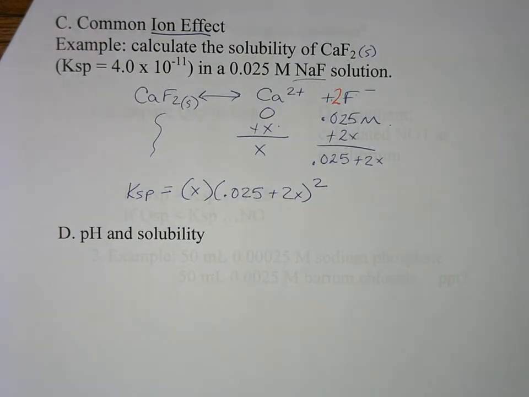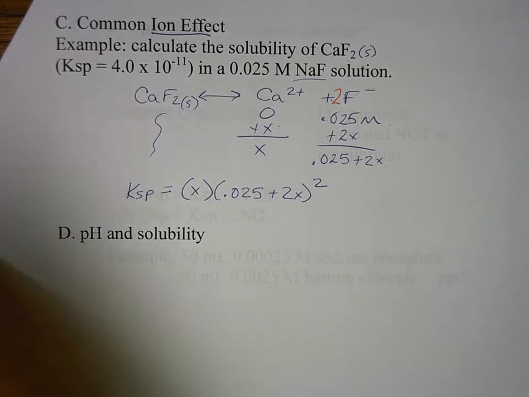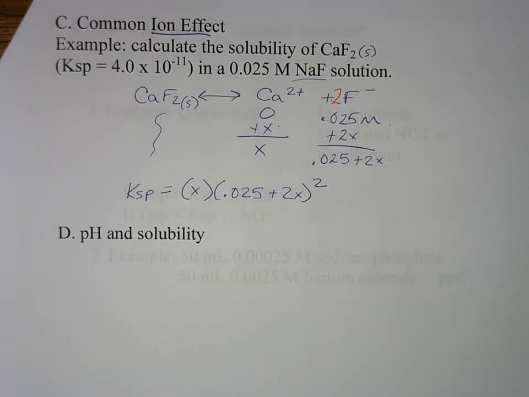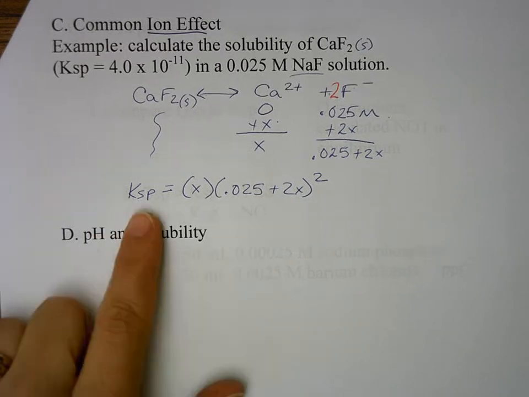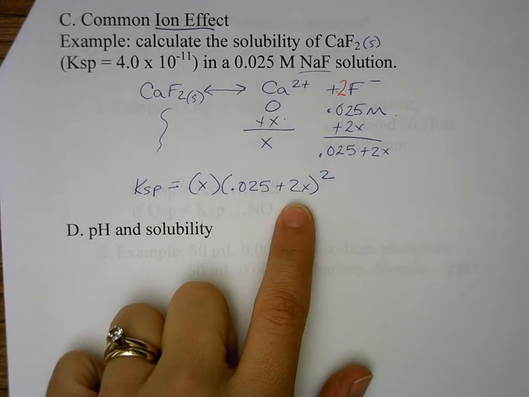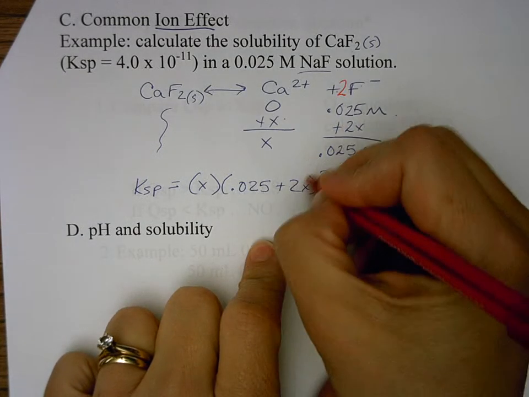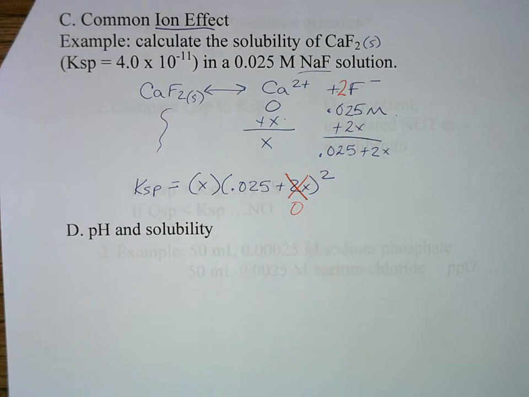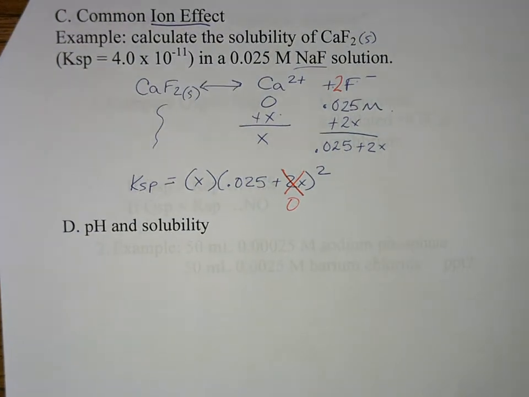This is a tricky problem, but you can use the same shortcut as with weak acids: if the K value is so small, your X value is really small, so adding X to anything doesn't change the value much.